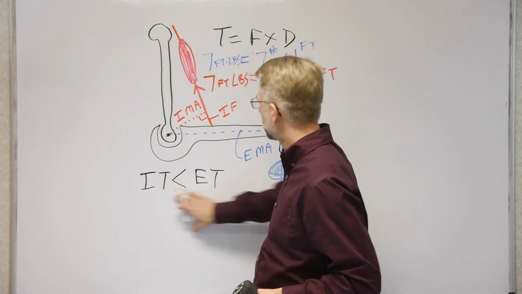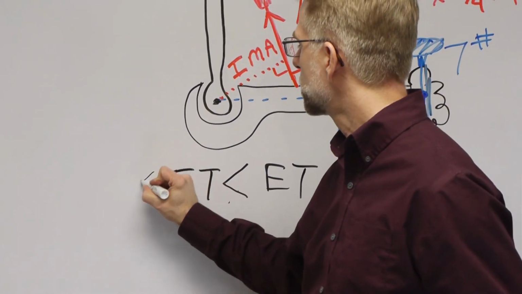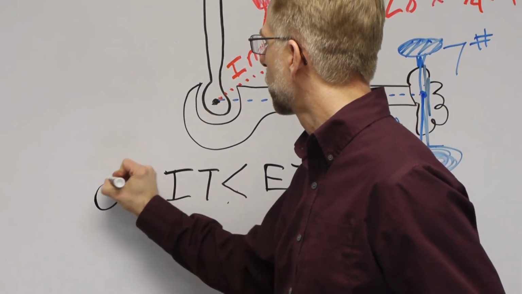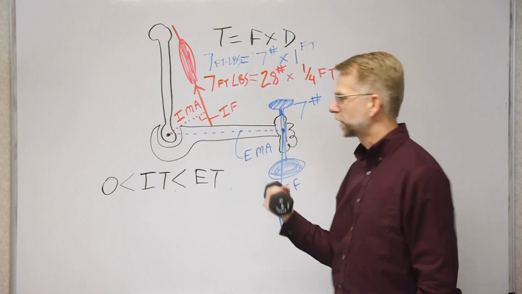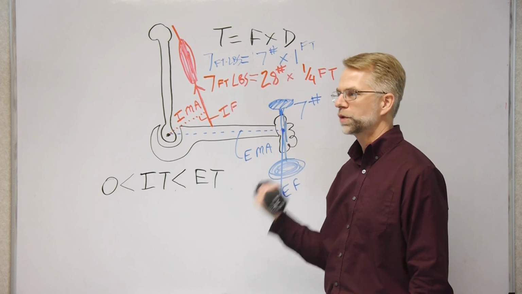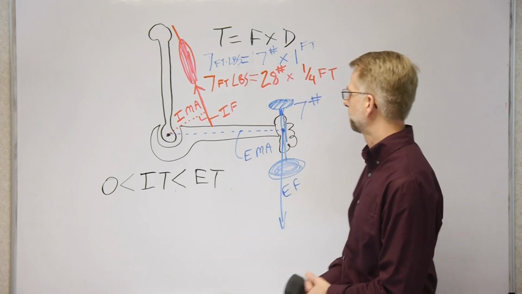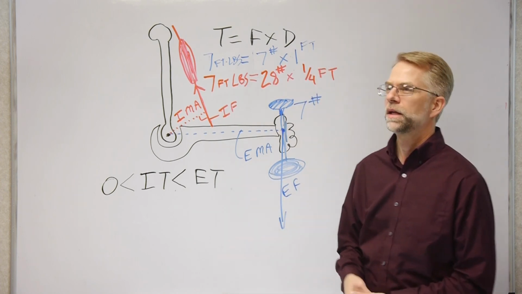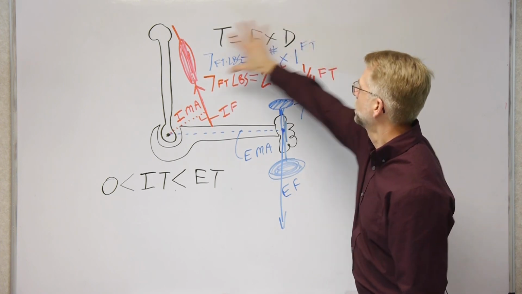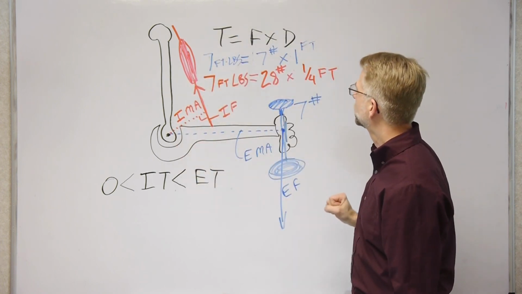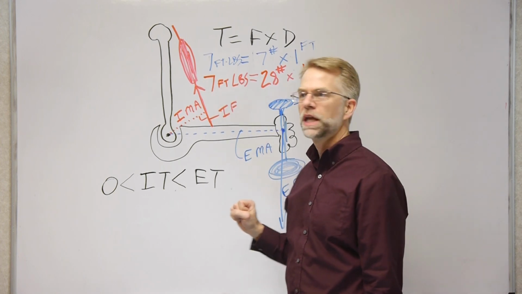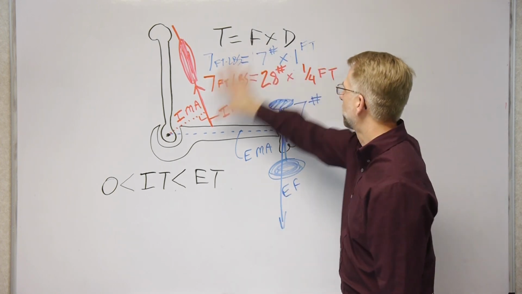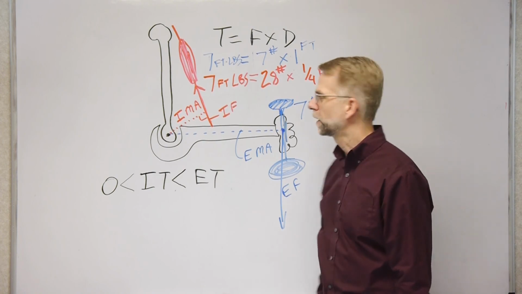This presupposes, however, that the internal torque is indeed greater than 0, because if my internal torque was 0, it wouldn't slowly lower at all, it would just drop right down. So that, in a nutshell, is some torque concepts applied to levers, and then torque concepts applied to a biomechanical example.